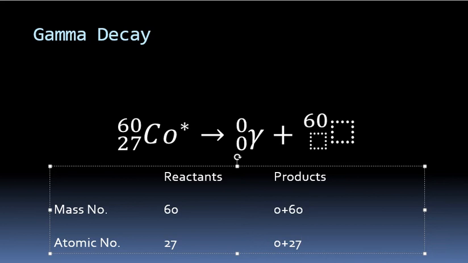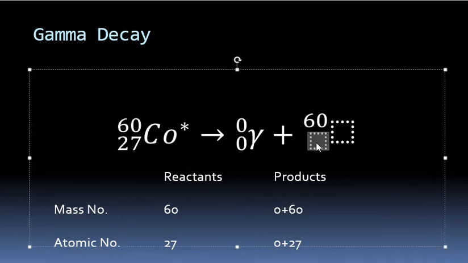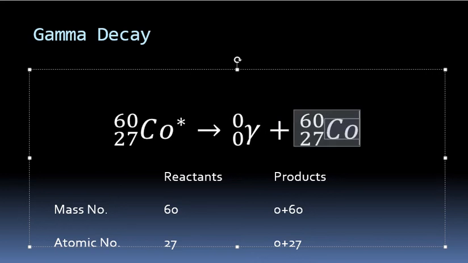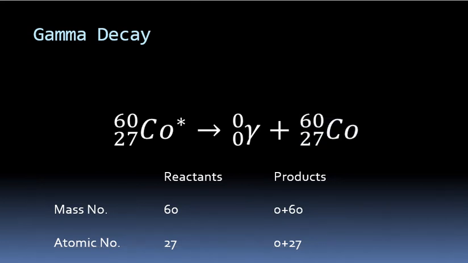Therefore, 0 plus 27 gives us 27. And we don't need to go to the periodic table because every particular element will always have its own unique atomic number. So, if the left side of the equation tells us cobalt has an atomic number of 27, then the right side of the equation would be cobalt as well. So, cool.